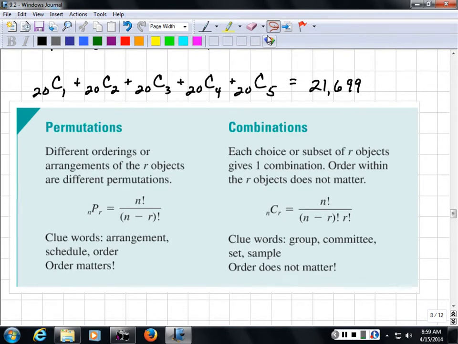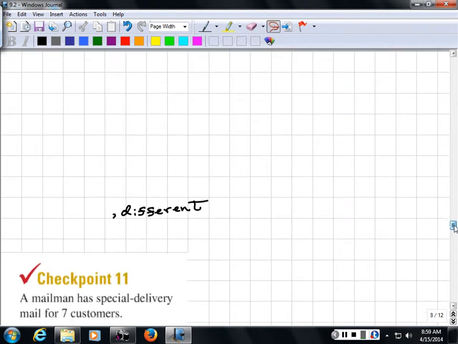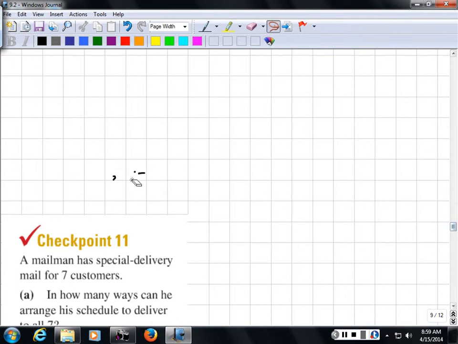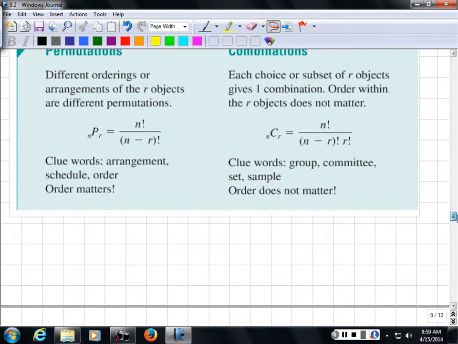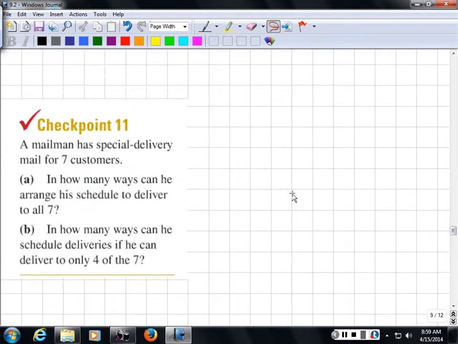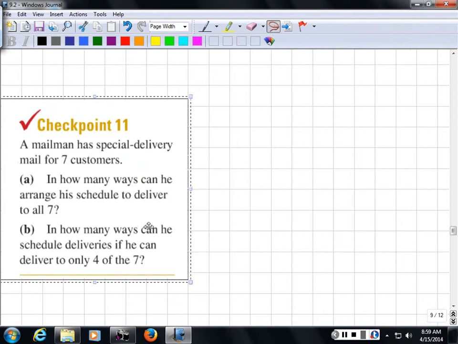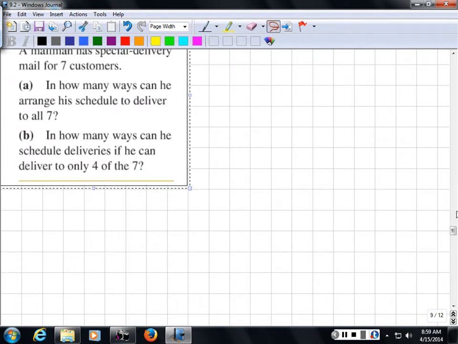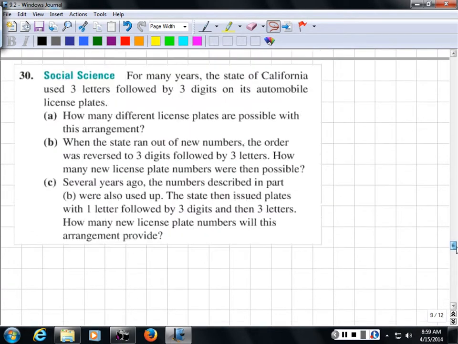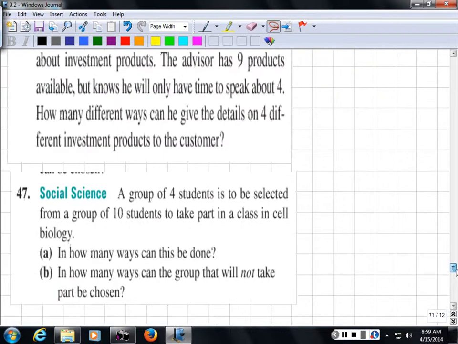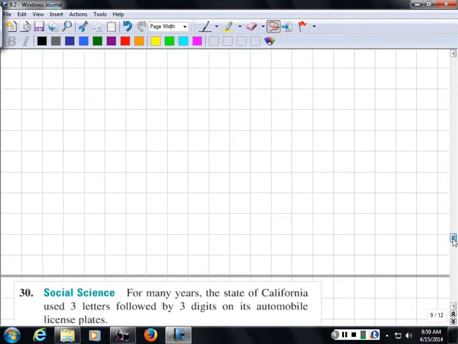Let's look at this. Hey, cool, I didn't know I had this much stuff here. Well, let's go ahead and do some of these, shall we?